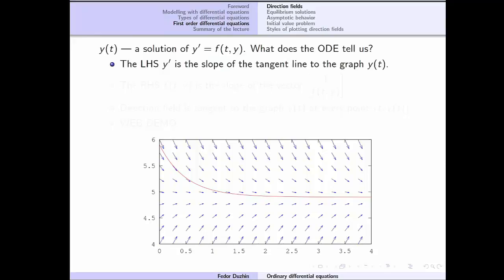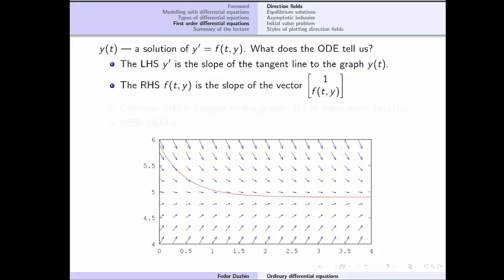Because what it tells us is the following. Remember that the geometric meaning of the derivative is that it is the slope of the tangent line, right? So it means that if we plot the graph of the function y of t, then y prime is the slope of the tangent line. But at the same time, the slope of a vector is its y component divided by its x component.